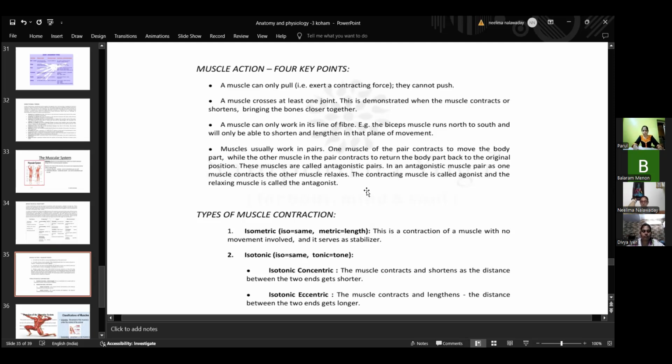If the antagonist is not lengthening, this movement will become very difficult for my elbow joint, because of what is called range of motion. In this plane, I can take my hand towards my shoulder.